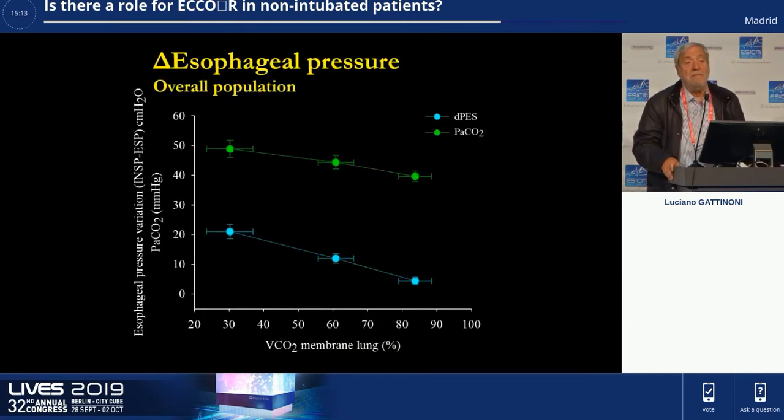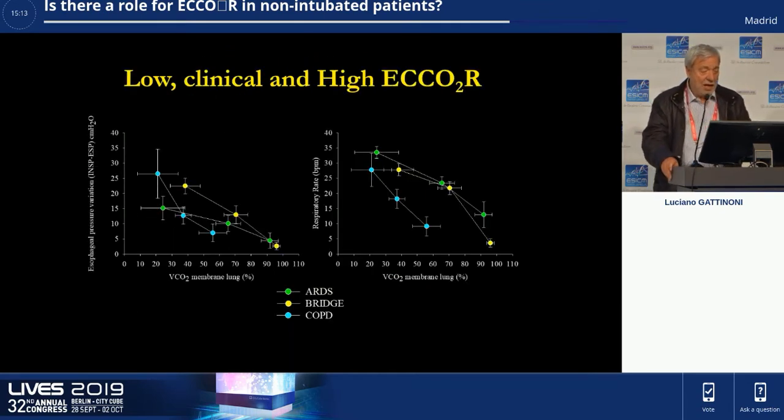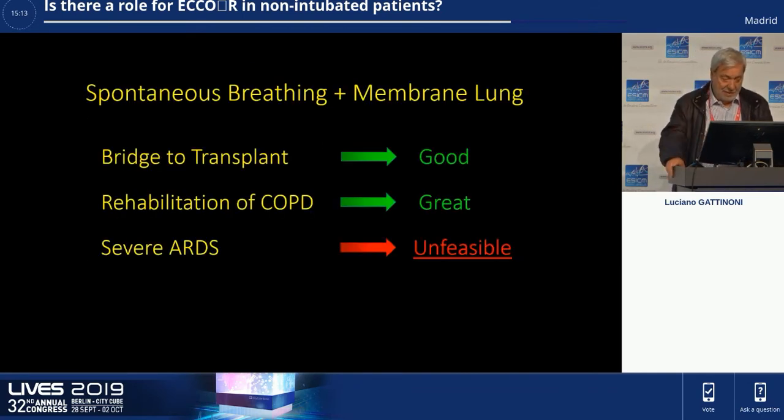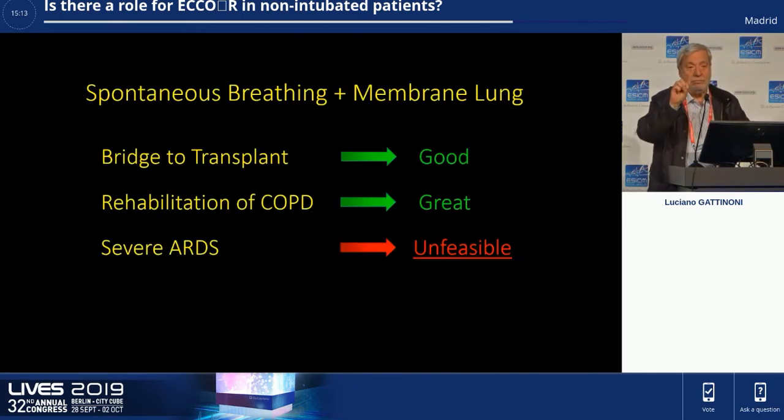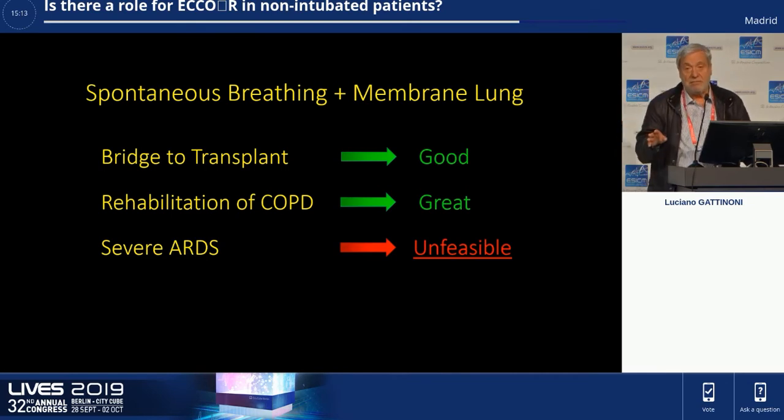Of course, as I already told you, any time you remove the CO2 extracorporeally, you decrease in part the need for ventilation, more or less depending on the drive, and the drive is always very high. So, if I have to summarize spontaneous breathing: transplant, good. Rehabilitation of COPD, with all the limits, works.